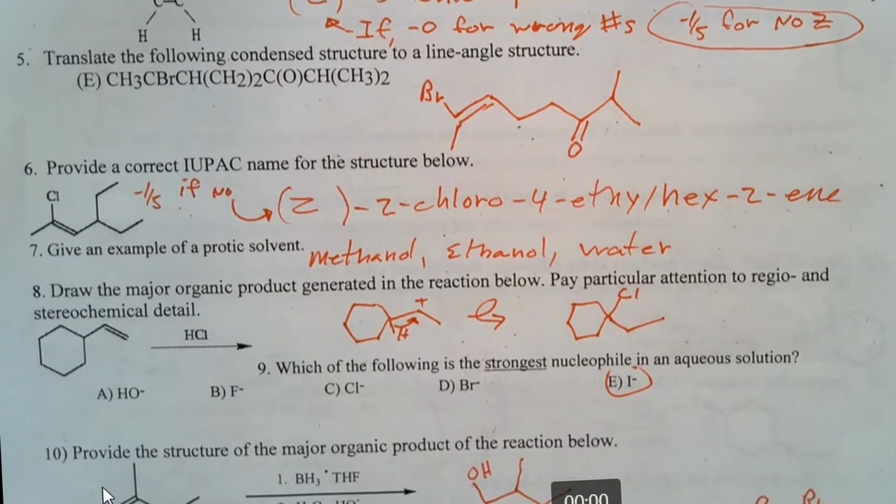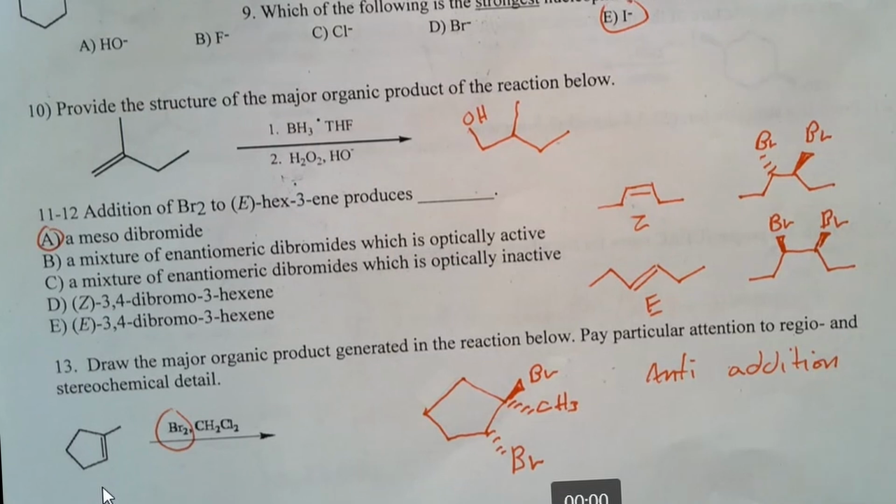Addition of bromine to E-hex-3-ene gives... So the way to figure it out, and this is kind of what I told you in lecture when we went over that thing on the slide. We had like 2 different alkenes.